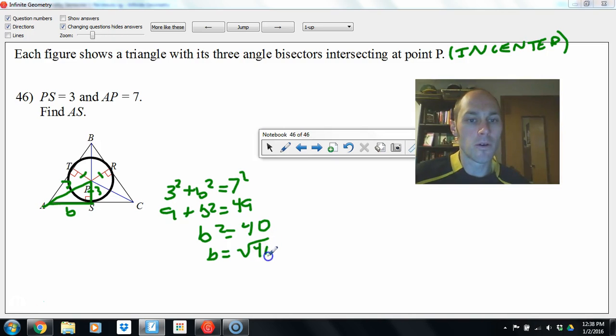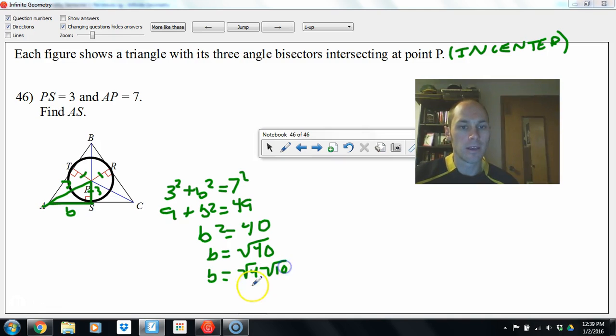And I can break square root of 40 into square root of 4 times the square root of 10. As I try to simplify it down, square root of 4 is 2. I can't break the square root of 10 down any further, can't take any perfect squares out of it. So B would be exactly 2 times the square root of 10.